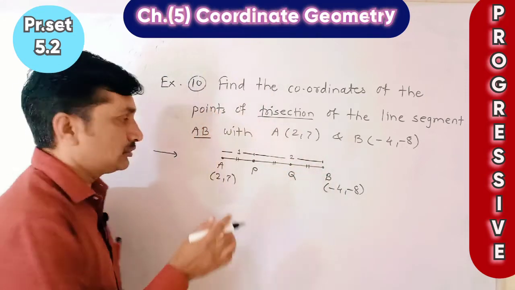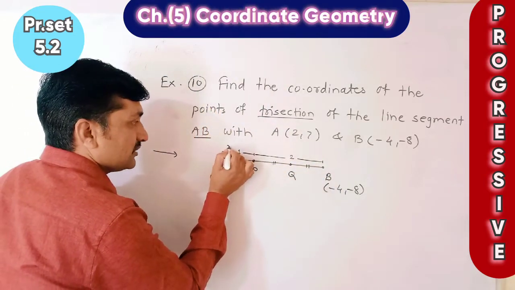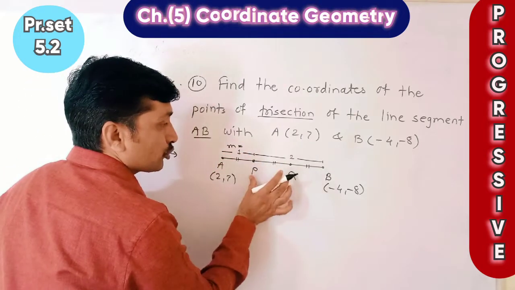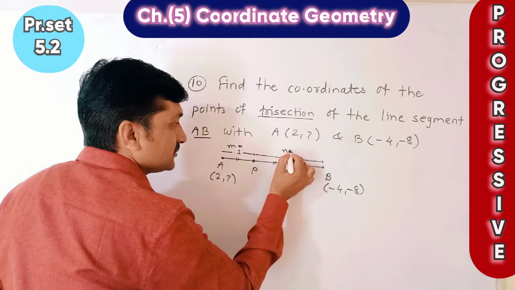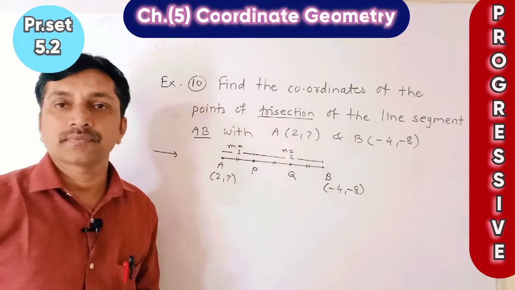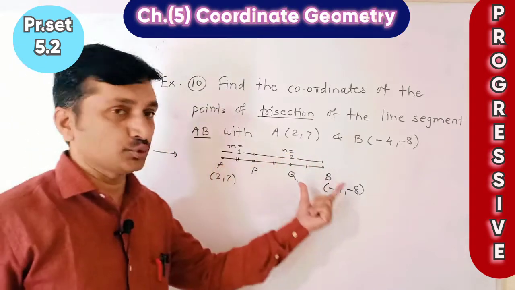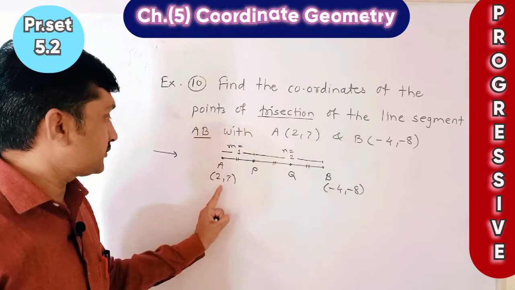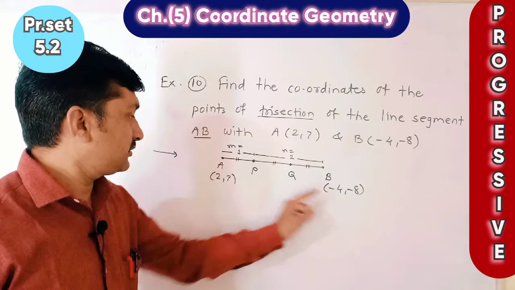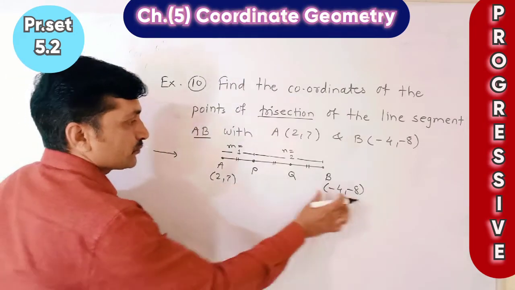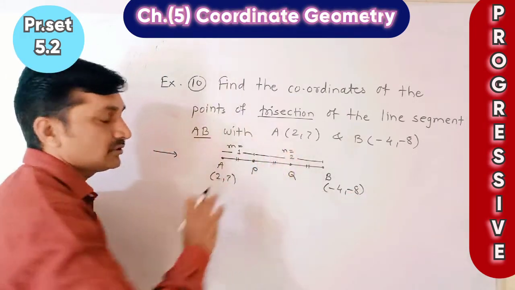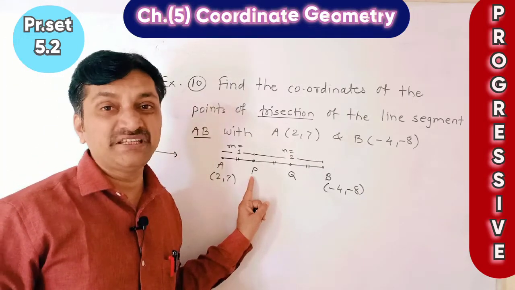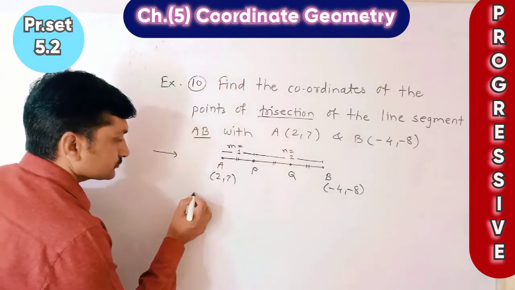This is the ratio: m is equal to 1, and from P to B, n is equal to 2. The ratio is 1 is to 2. Here, considering A as x1, y1 and B as x2, y2, with ratio m:n, by the section formula we can find the coordinates of point P. Let's start now.